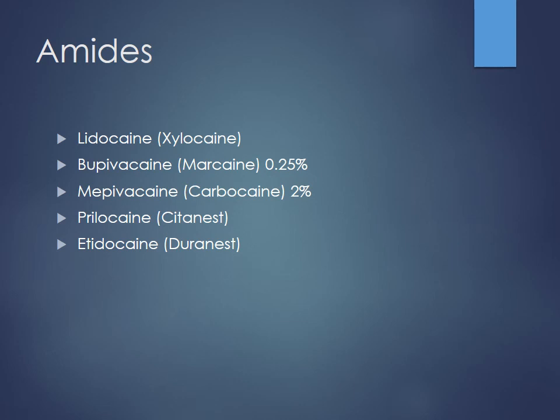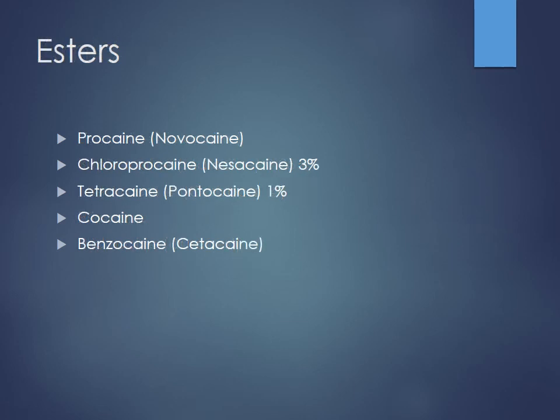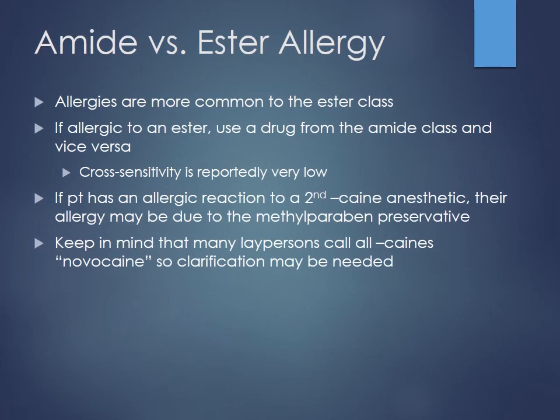Everyone with me so far? When we're looking at the esters, notice they have no I before the cane. Things like procaine, tetracaine, cocaine, benzocaine all fall into this category of ester anesthetics. Most commonly, patients have allergies to the ester class of anesthetics.